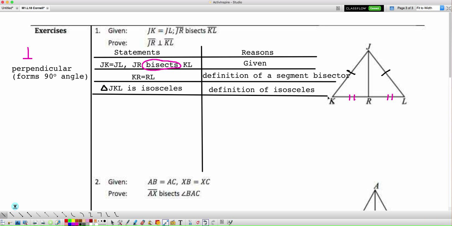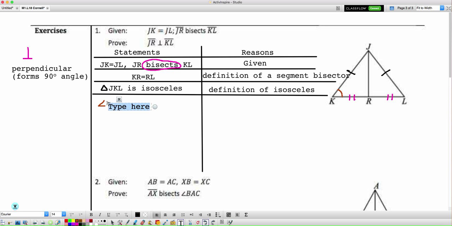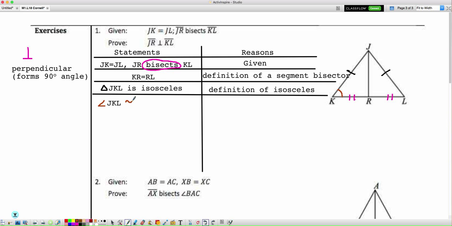So now that I've justified in my proof that this is isosceles, I also know that there are some base angles that are equal. So I could say that the angle across from this side, so this angle here, angle JKL, is congruent to the other one that's across from this side, so JLK, right over here.